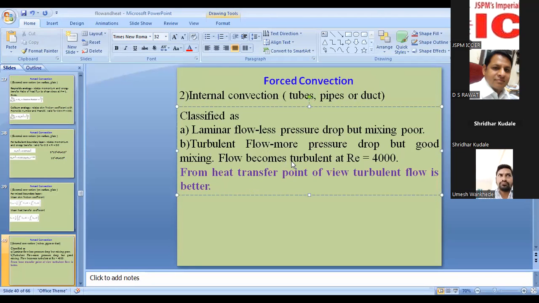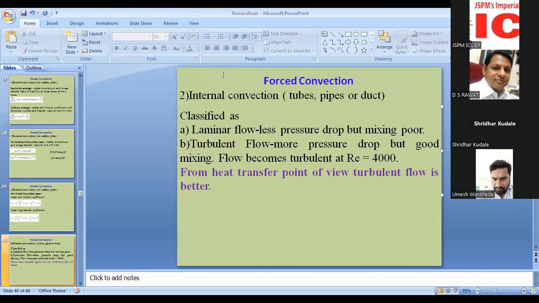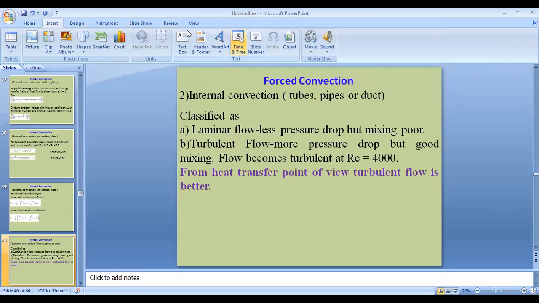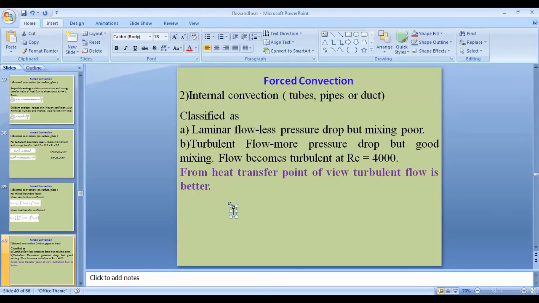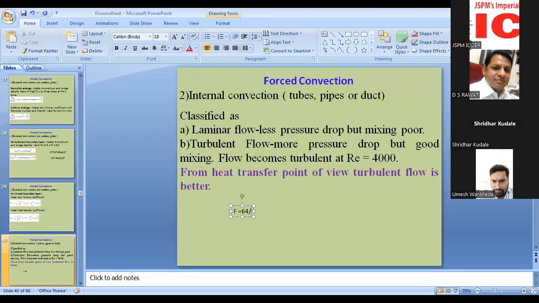Now, please understand, when we talk about laminar flow, the friction factor is given by a simple relation: 64 by Re for laminar flow.